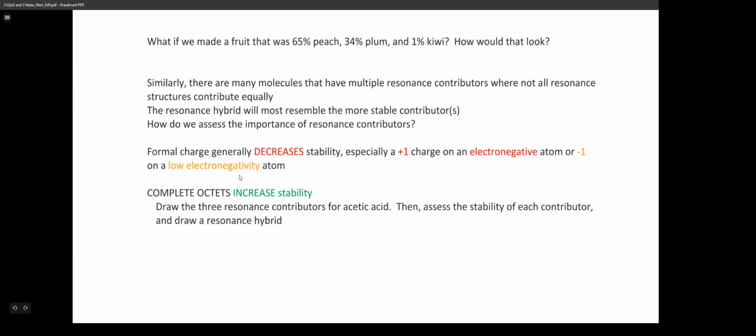So for example, having an oxygen with a negative charge is a much better option than a carbon with a negative charge. Having nitrogen with a positive 1 charge is much better than oxygen with a positive 1 charge. Complete octets make molecules much more stable.